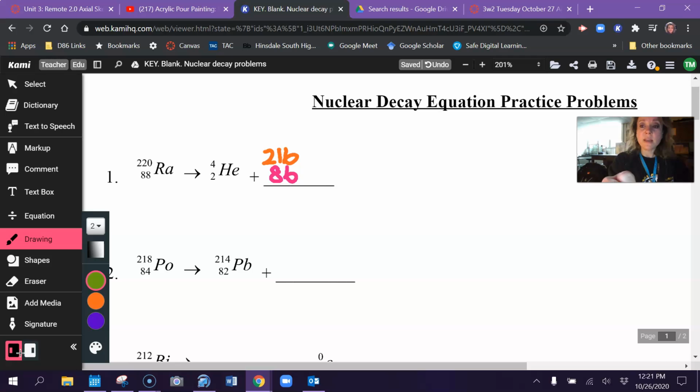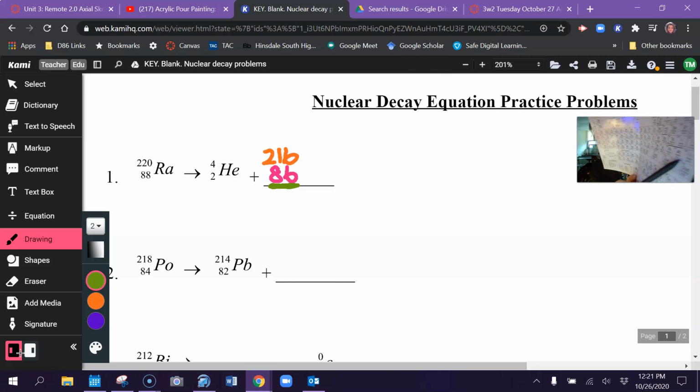Now what I need to do is figure out what my abbreviation is for the element that was created. And to figure that out, I use the number 86. I have to use my atomic number, because remember, every element on the periodic table has a unique atomic number. So I just have to find atomic number 86 on my periodic table, and I have found it.